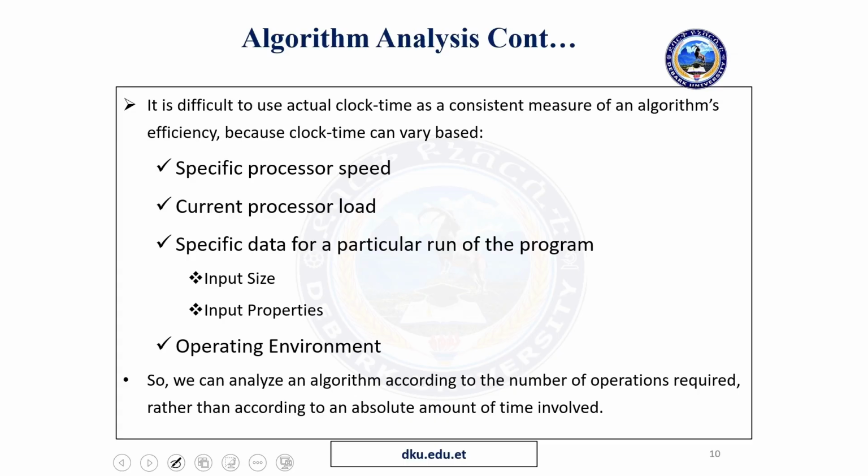And the other one is operating environment. So these are the factors that affect our algorithm if we use the actual clock time to measure the algorithm efficiency. So we can analyze an algorithm according to the number of operations required rather than according to the absolute amount of time involved.